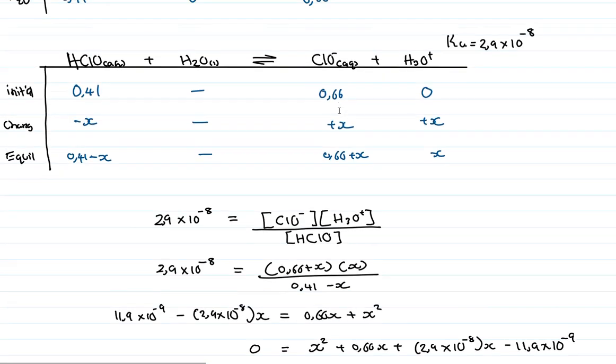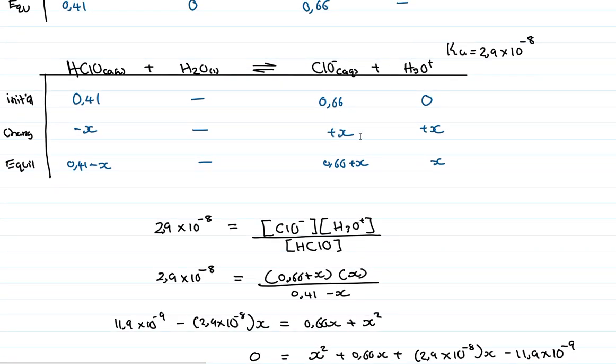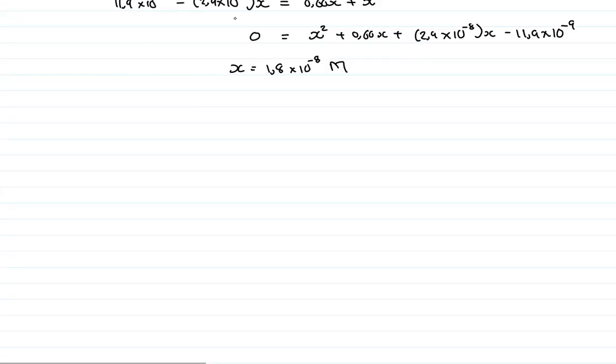So now that we have the concentration for the hydronium ion, we can solve for the pH. So the pH for the buffer is equal to negative log of the concentration of the hydronium ion.